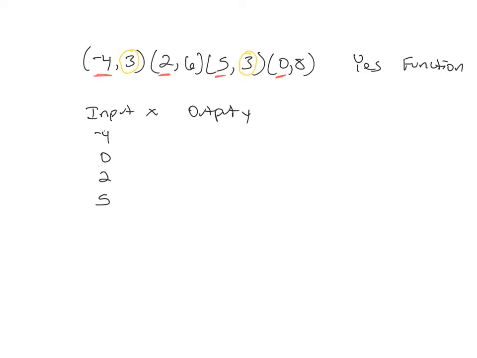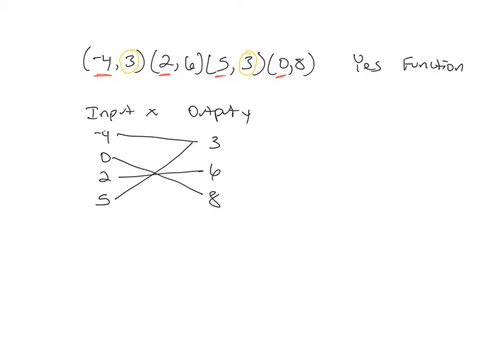Okay, so let's see, we've got a 3, a 6, and an 8. So notice on these ones, there's 2 3s, they're circled in yellow, but I only wrote 1 3 here. So -4 goes to 3, 2 goes to 6, 5 goes to 3, and 0 goes to 8. Okay, so these coordinates up here are just being represented differently with this input and output.